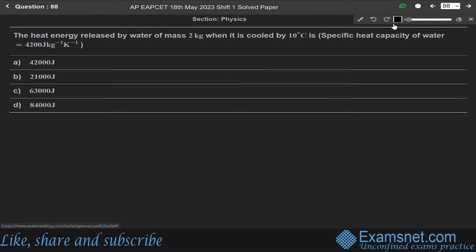Now next question, 88. The heat energy released by water of mass 2 kg when it is cooled by 10 degrees Celsius is. So this question is from the chapter of thermodynamics. We have to find the heat energy released in this process.